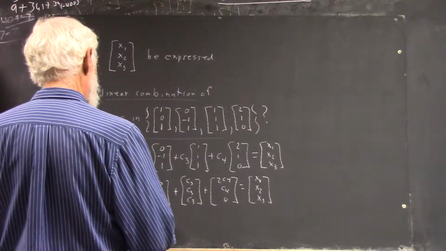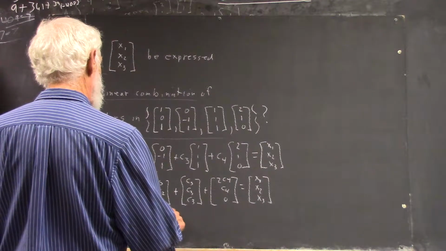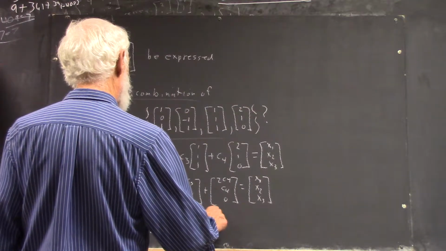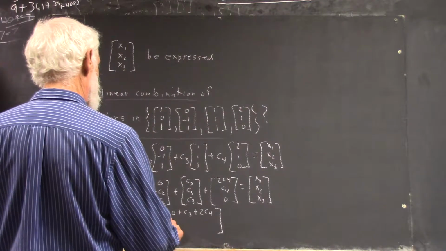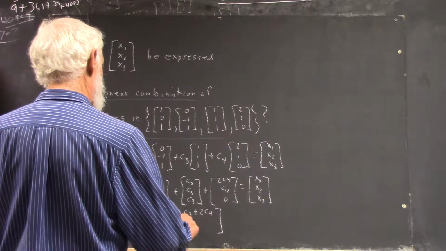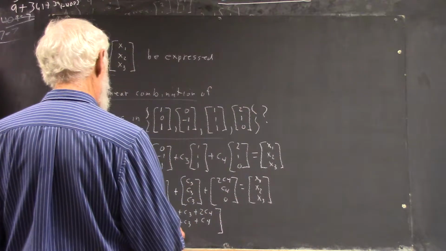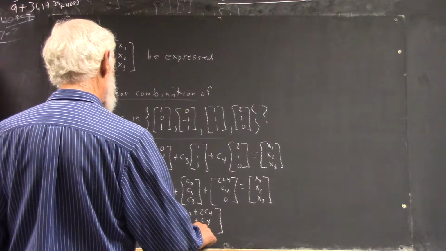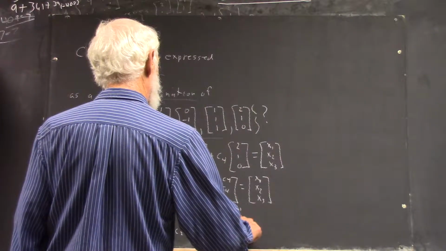So this becomes the vector (C1 + 0 + C3 + 2C4), adding the first row, then (-C2 + C3 + C4), and then (C1 + C2 + C3), equals (x1, x2, x3).